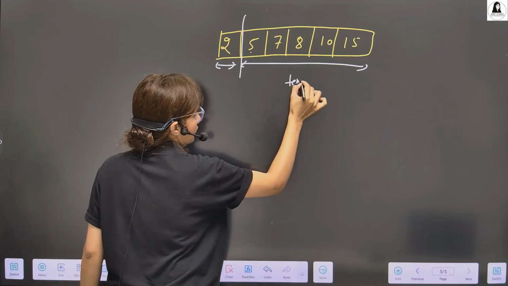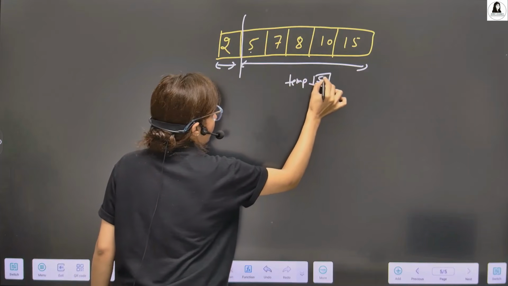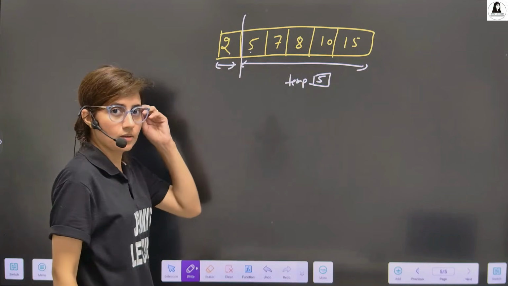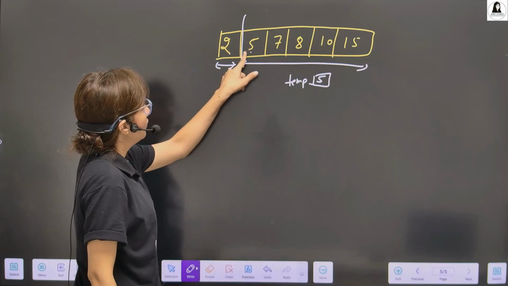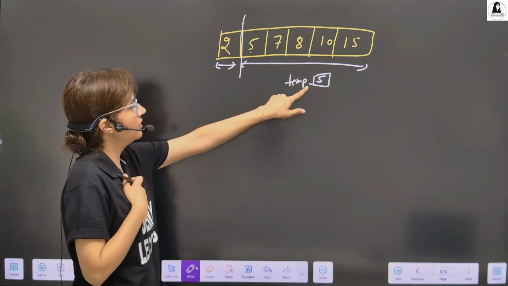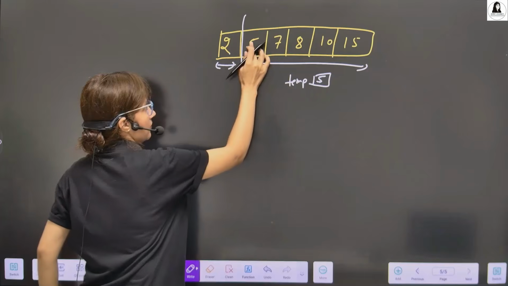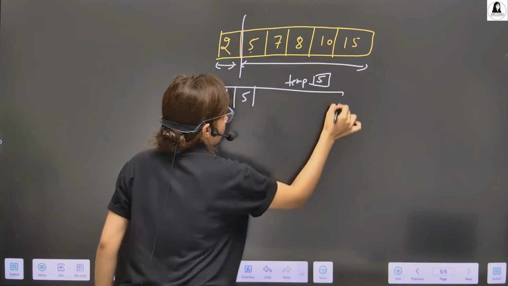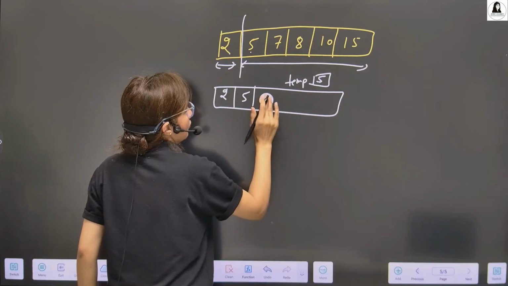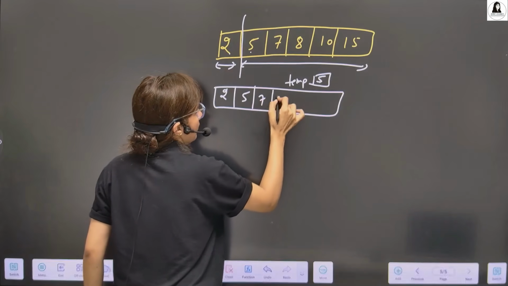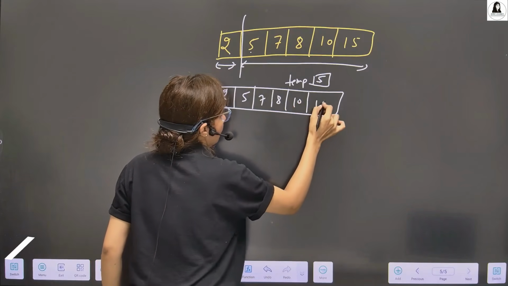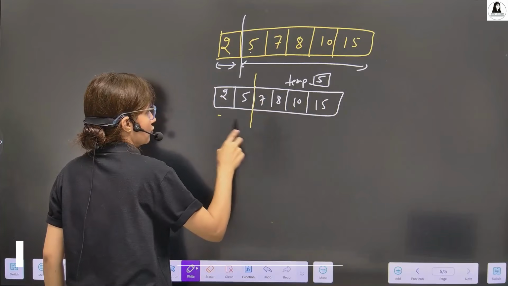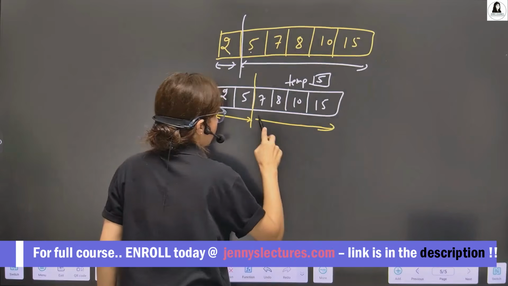In my temp, I'll just take this 5, compare 5 with this. Do you need shifting or swapping here? No, because 2 is less than 5, so no need to do swapping. Just place 5 here itself. 2, 5, 7, 8, 10, and 15. So this is my sorted portion now, and this is unsorted.